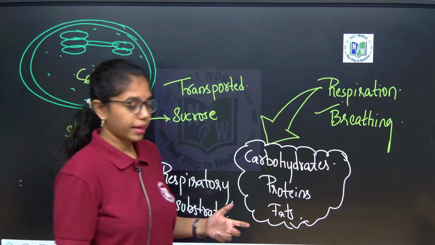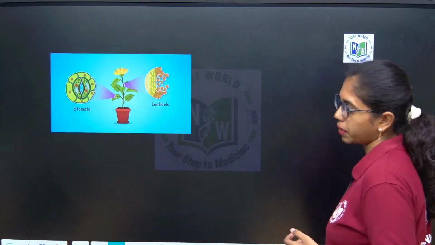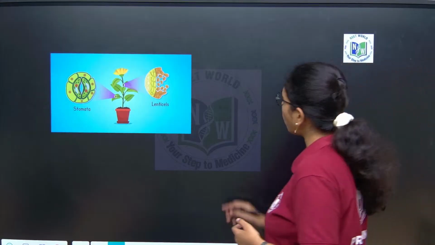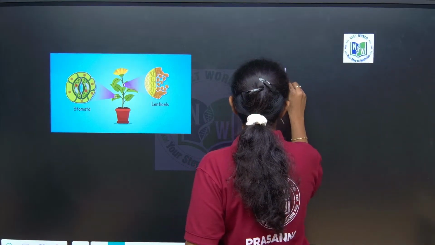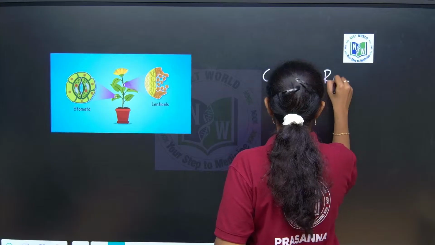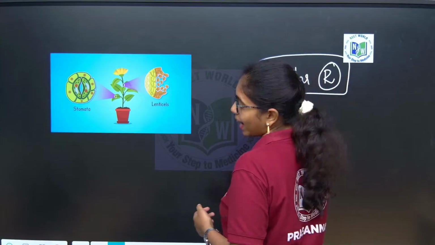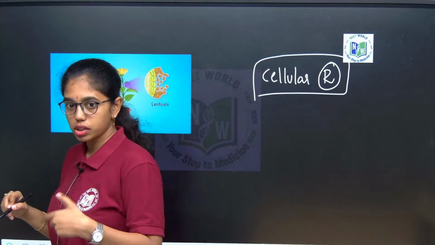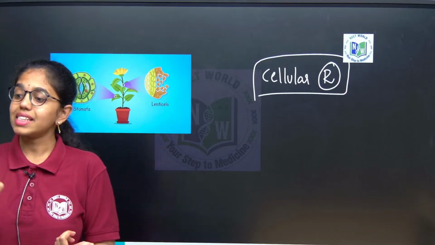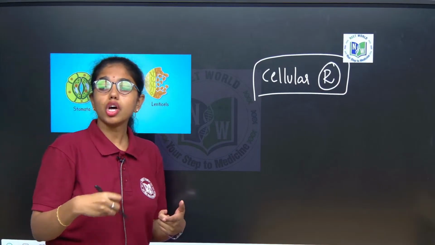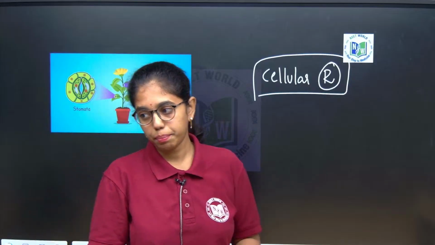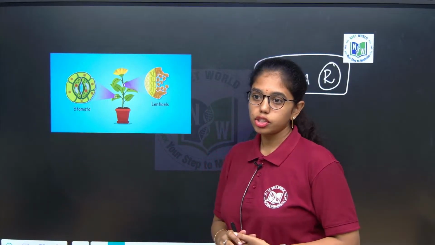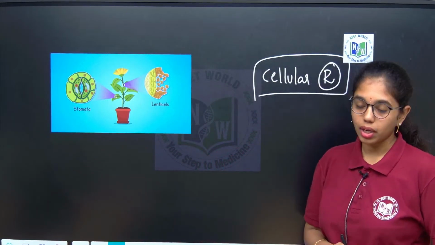And what is cellular respiration in detail? Oxidation of macromolecules inside a cell and release of energy in the form of ATP inside the cell is called cellular respiration. What is cellular respiration?